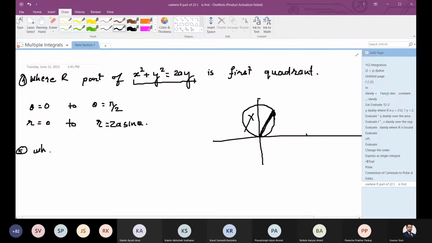Where r is equal to a(1 plus cos theta). Anyone, what is this?